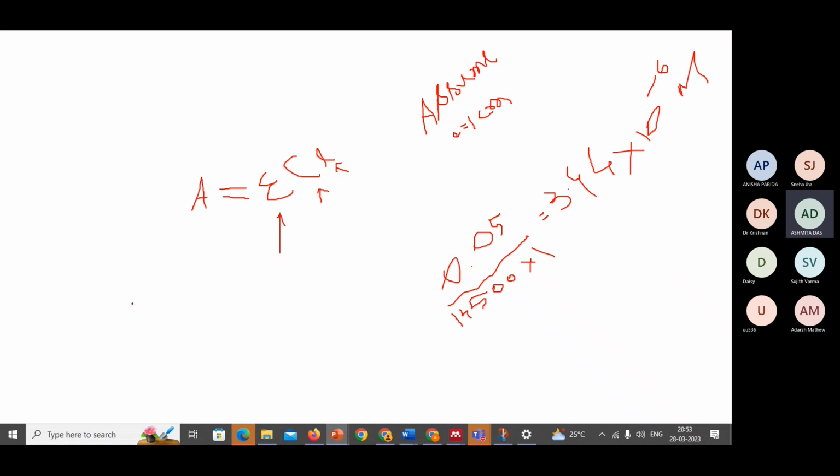Okay, so if we do the unit dimension, you can check the absorbance has no unit.